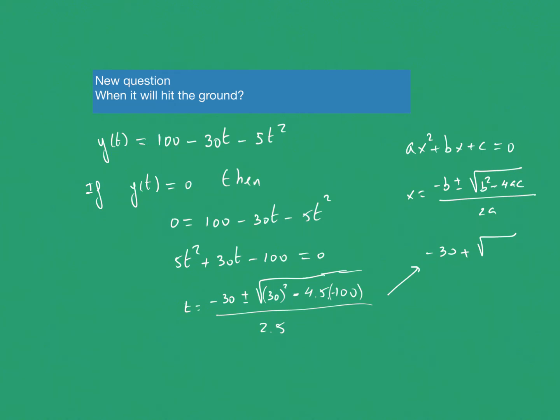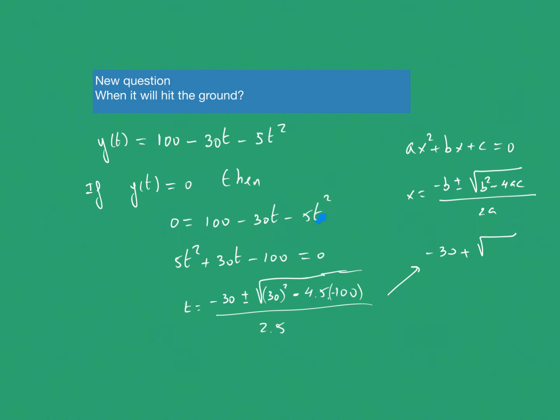So the question is, if y of t is 0, at what time t will it hit the ground? You put y equals 0: 0 equals 100 minus 30t minus 5t squared, and you have this equation.